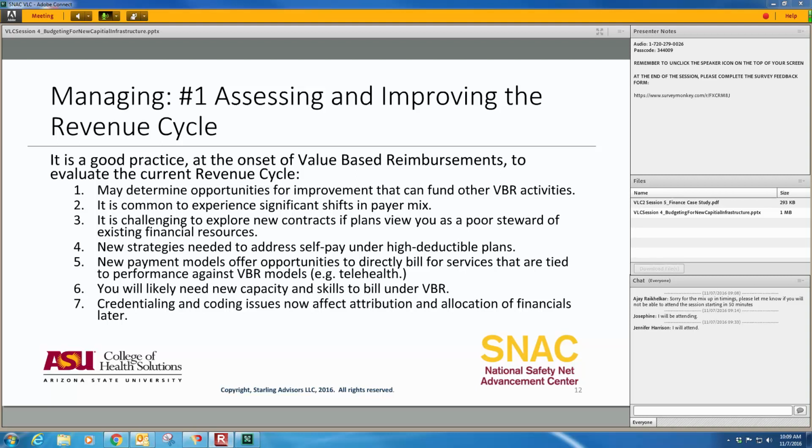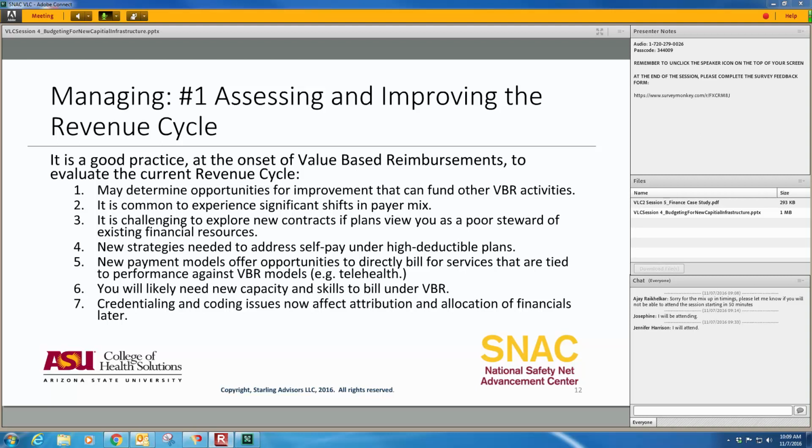Having represented a lot of safety net providers in contract discussions, it can be really challenging to seek enhanced compensation if you're not seen as a good steward of existing financial resources.